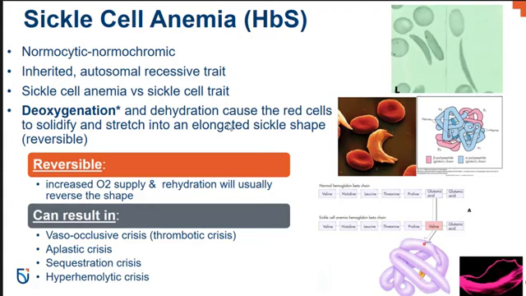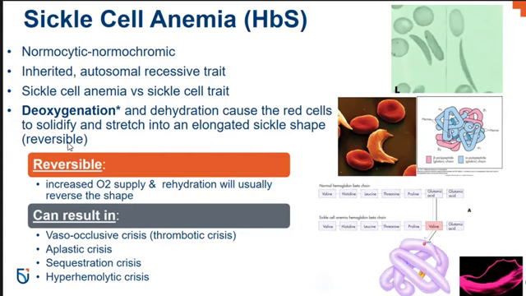Deoxygenation and dehydration, but certainly deoxygenation is the biggest cause of the red blood cells going from their normal size and shape to this sickled shape. And when it's sickled, it's very rigid, so it's not going to be able to move through blood vessels properly, which can cause major problems in the affected person.